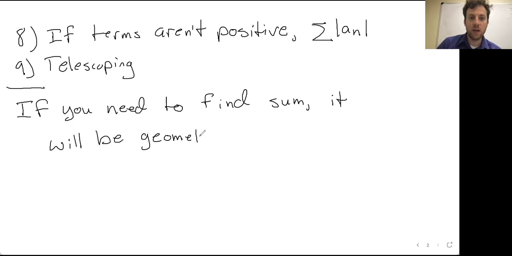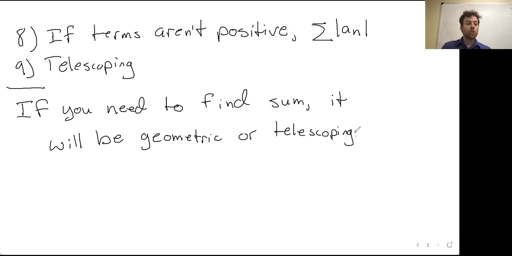It's going to be geometric or telescoping. So there just aren't very many series that we can actually find the sum of. So if you see a problem that says find the sum, or if it converges, find the sum, then that limits what tools you might end up using, because we can't find the sum in very many cases.